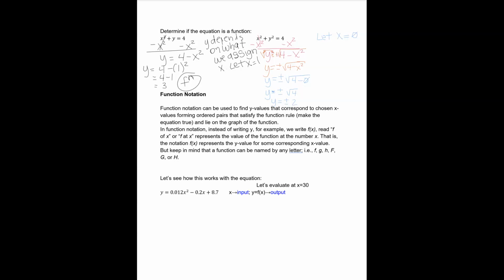Let's make this an xy chart. We plugged in 0 for x, but we got two numbers out, a 2 and a negative 2. This goes against everything we know about a function. So this is not a function.